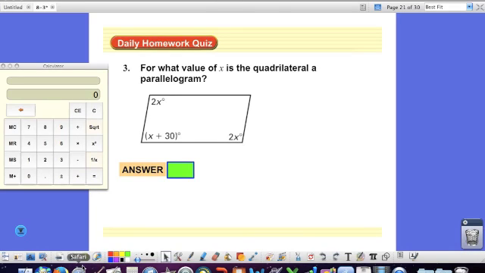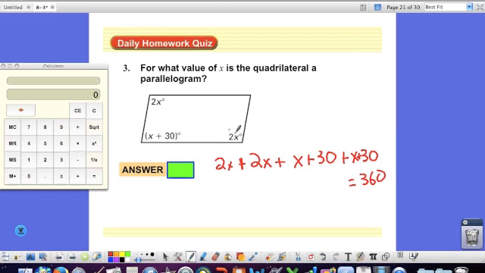For what value of x is the quadrilateral a parallelogram? So these are opposite, so 2x plus 2x plus x plus 30, and that other one would have to be x plus 30, and that's all going to equal 360.